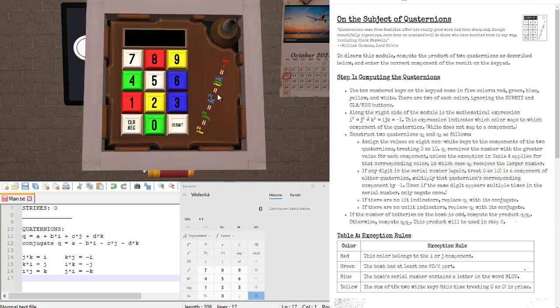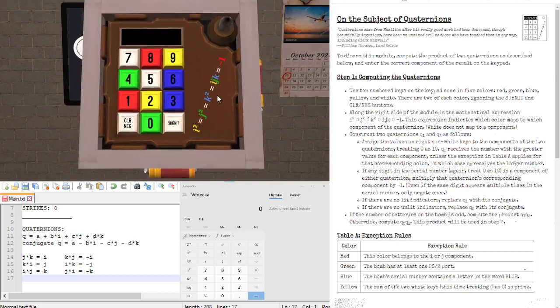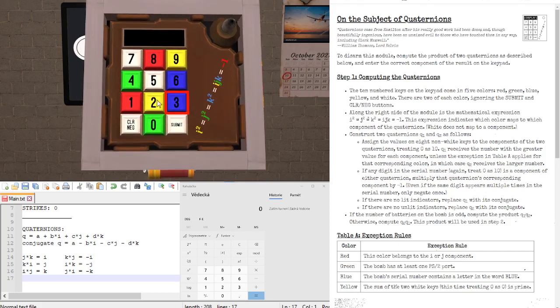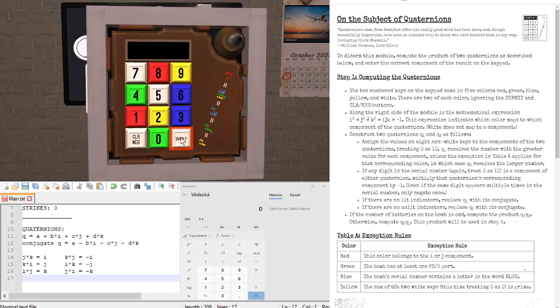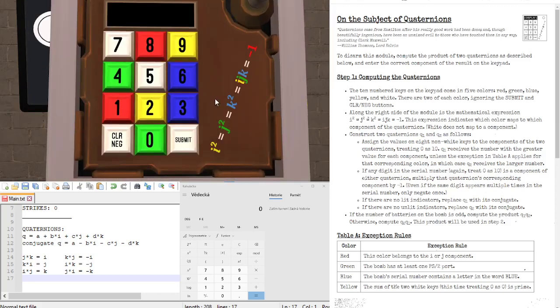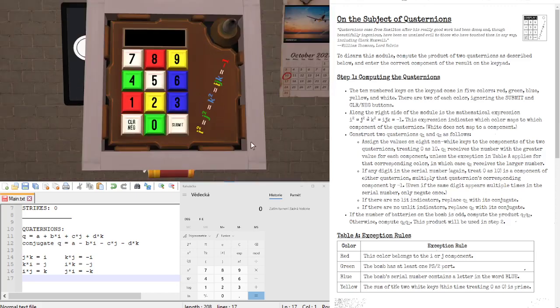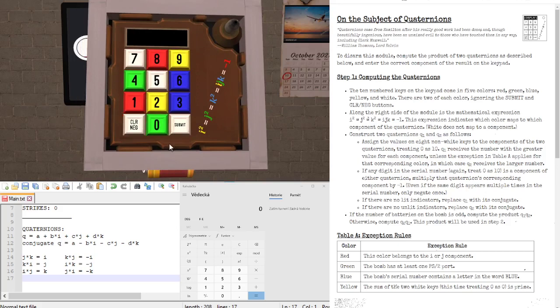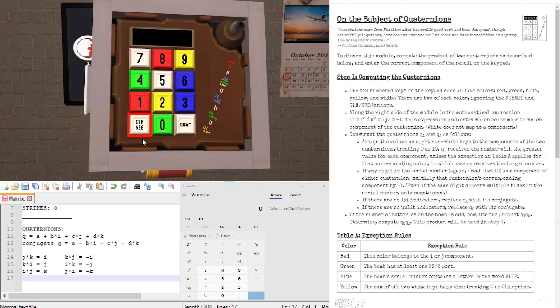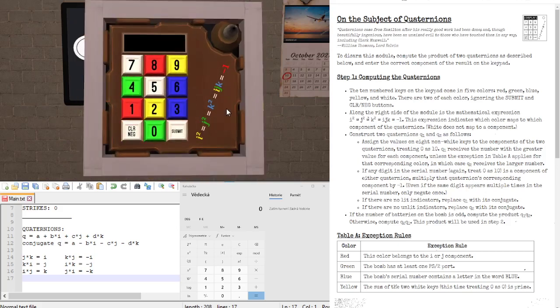And on the number pad, we always have 5 colors, which are green, red, yellow, blue, and white, excluding clear and submit. Submit is colored in one of those 5 colors as well, and clear, I think it can change the color as well, but it doesn't matter. The color of clear and negate doesn't matter.